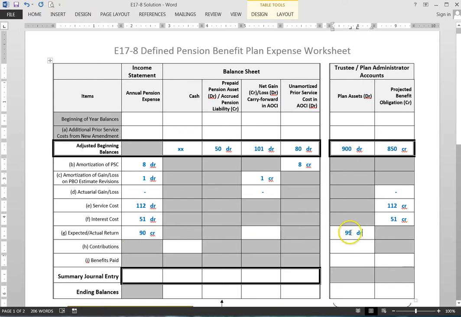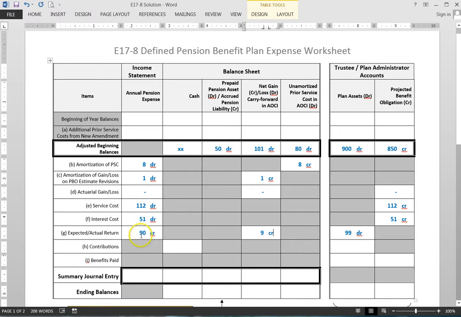And notice here I need to balance this journal entry, or this line item, and that means that I need $9,000 more in credits. So I have 99,000 in credits, 99,000 in debits. This credit entry goes into a net gain or loss carry forward in AOCI.